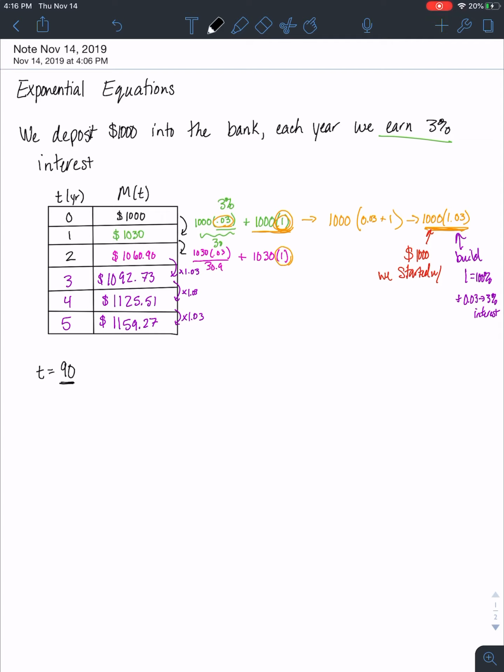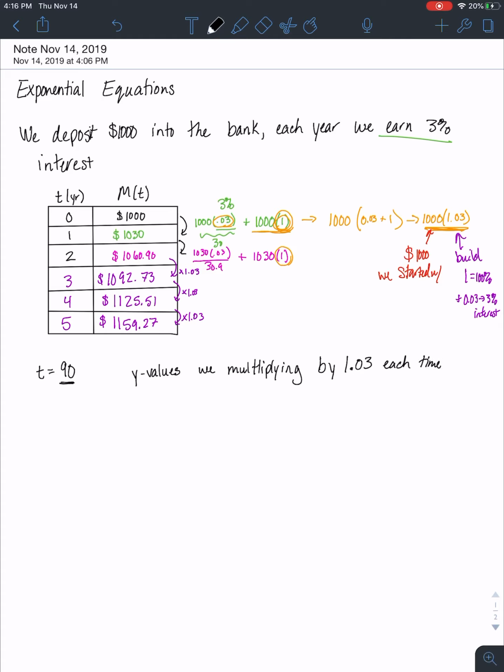So what we're doing on our y values every time is multiplying by 1.03.